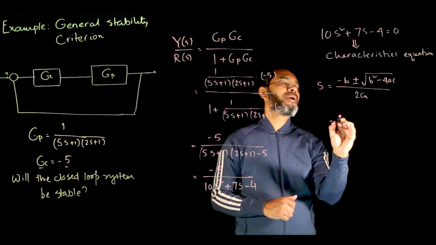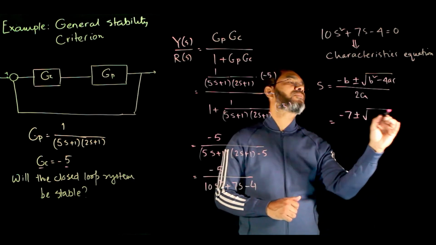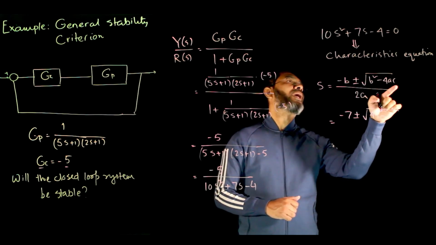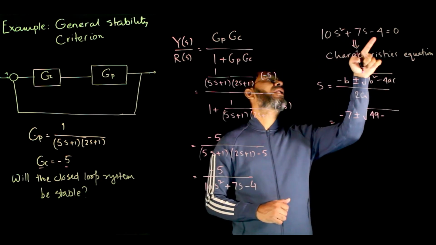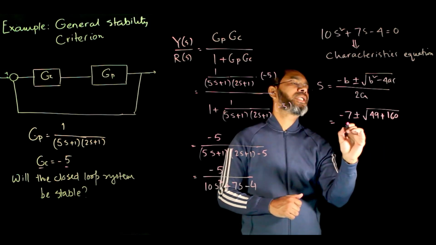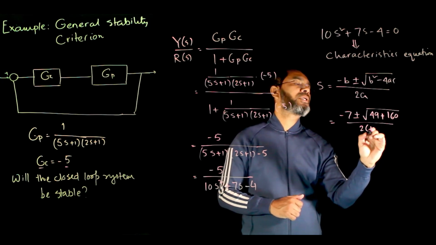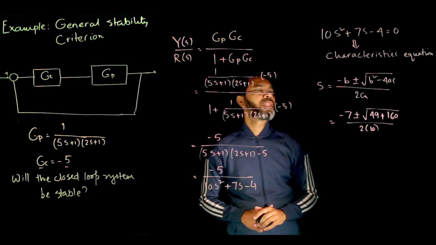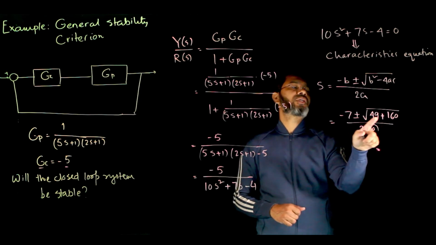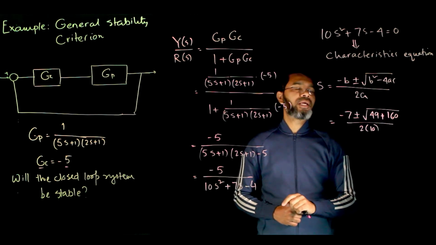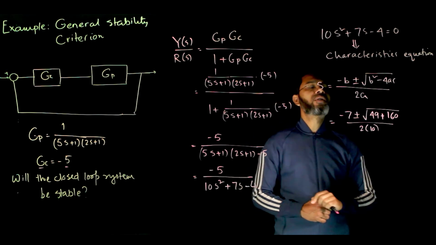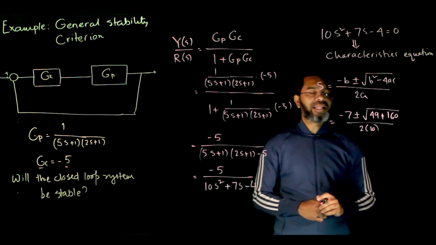So we'll have -7 plus or minus the square root of 7 squared, so 49, minus 4ac, so 4 times 10 times c, which gives us 160, over 2 times 10. Okay. You see that this term is 49 plus something, so this term entirely will be greater than 7 anyway. This is -7 plus or minus something greater than 7.